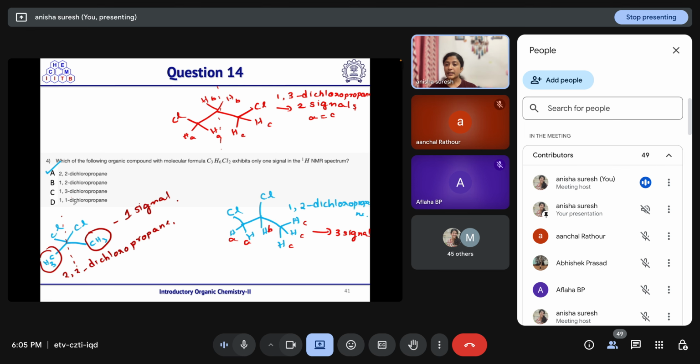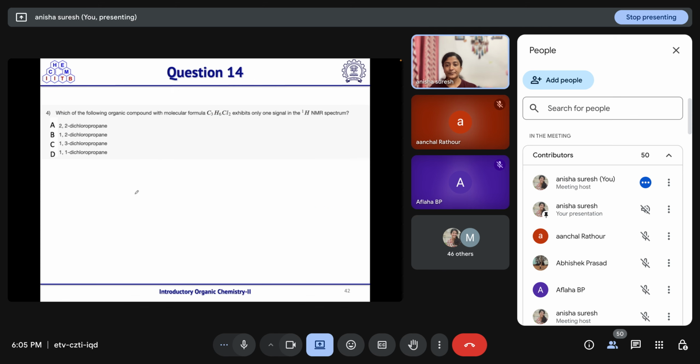And if we consider 1,1-dichloropropane, 1, 2, 3, Cl, Cl. So here hydrogen will be there.